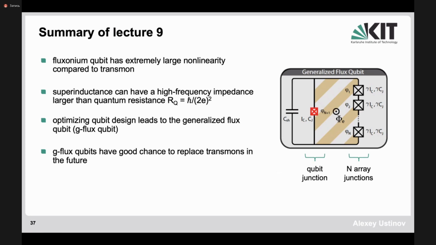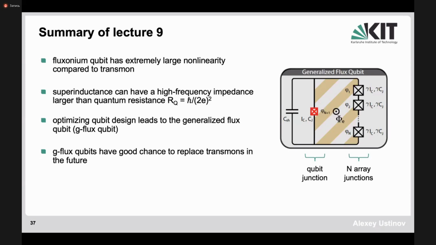So the Fluxonium is a qubit with extremely large nonlinearity. Compared to Transmon, it has the advantage of having very fast gates. Moreover, it has very low frequency, which makes it possible to manipulate the quantum states of Fluxonium by a directly digitally synthesized signal using arbitrary waveform generators, conventional devices.